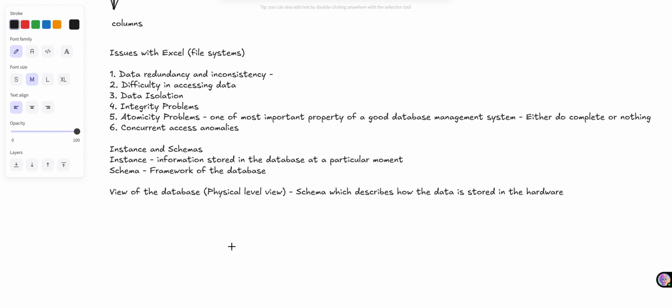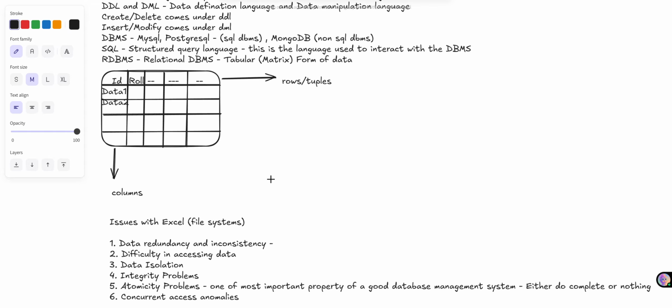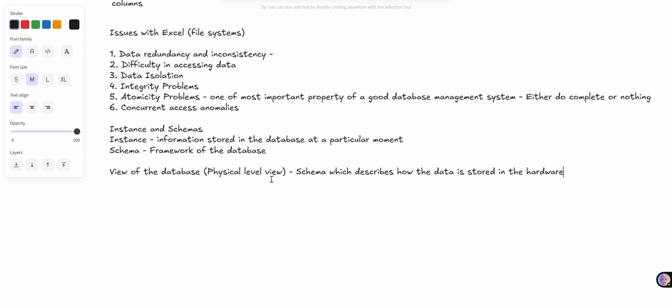This is how data is stored in the hardware, in a linked manner. As I already told you, this is a relational DBMS, so all this data will be related to each other.